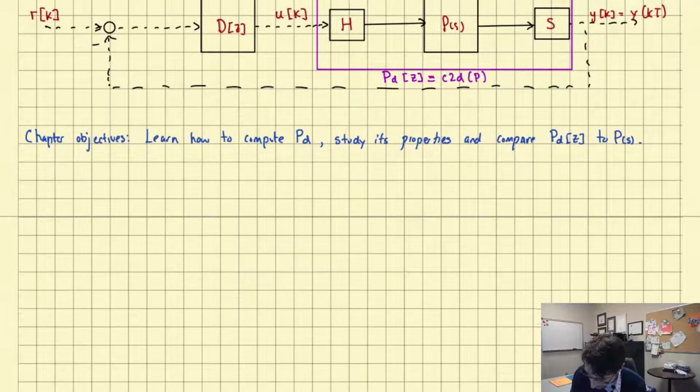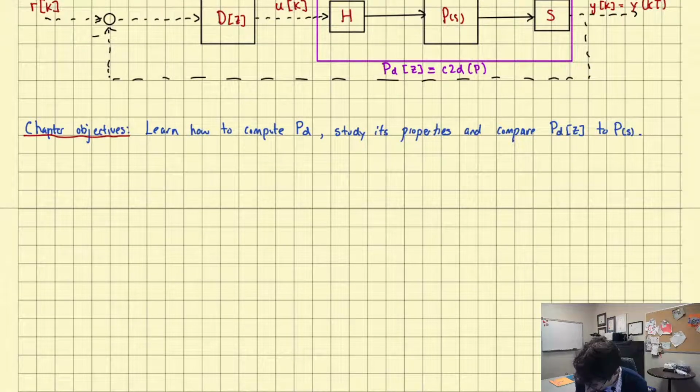Okay, that's kind of the high level of what we're going to do in this chapter. And then the big picture is that once we've done this, we're now in a position to treat our sampled data system, a mixture of continuous and discrete, as a purely discrete time system.